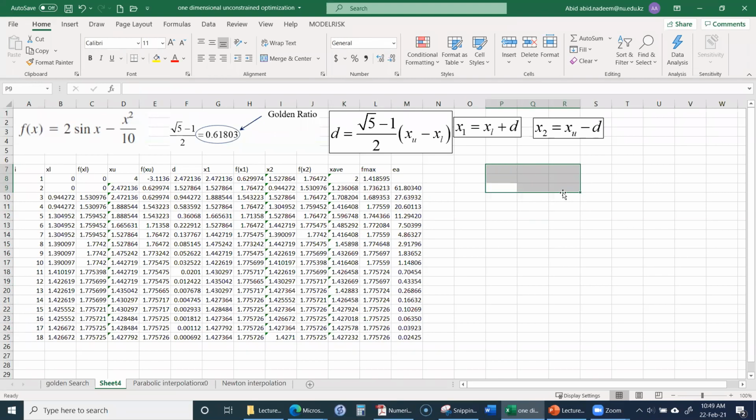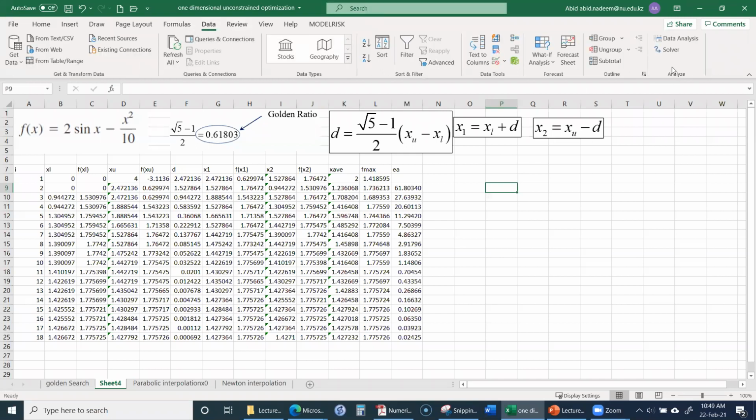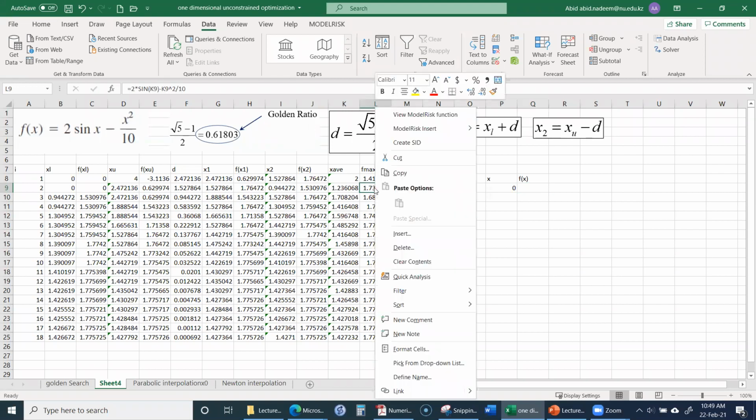For example, we can use the Solver function, under Data, Solver. Let's copy this function and take this value of x and f of x. The value of x is say 0, and then f of x we can calculate.